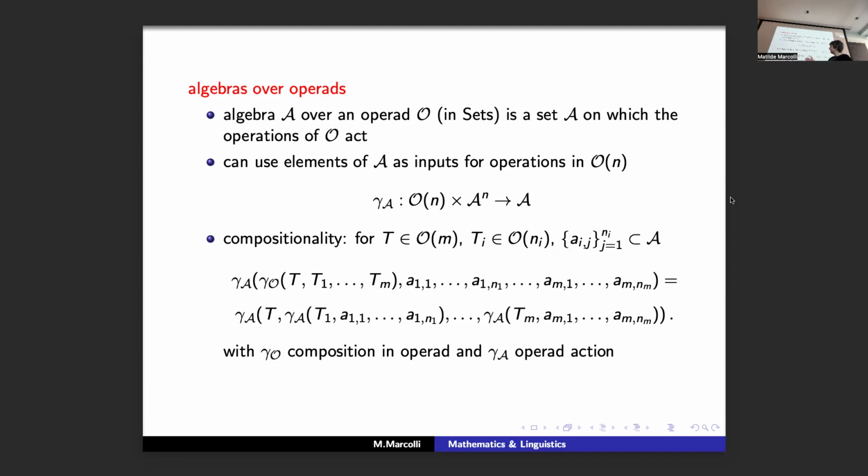And so in this case, again, you have the composition inside the operad and the action on elements of the set. And this is the associativity of the composition inside the operad applied with each operation applied itself. So you either compose in the operad and then apply, or you first apply and then compose in the operad. That's okay.